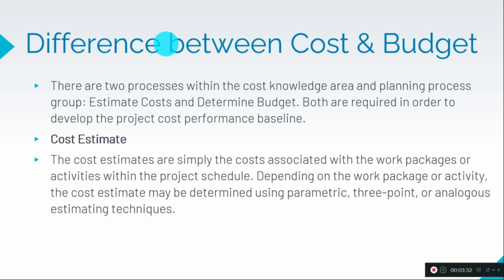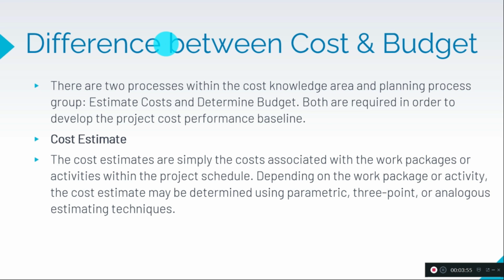Let's see what is the cost estimate. The cost estimates are simply the cost associated with the work package or activities within the project schedule. We have work breakdown structure, correct? So for each work to be completed, what is the cost required? Okay, so that is the simple definition of cost estimation.